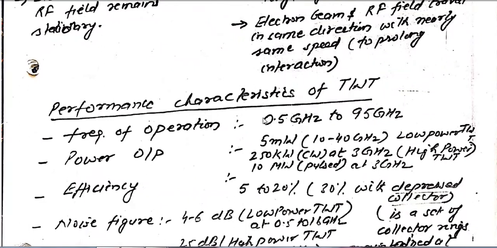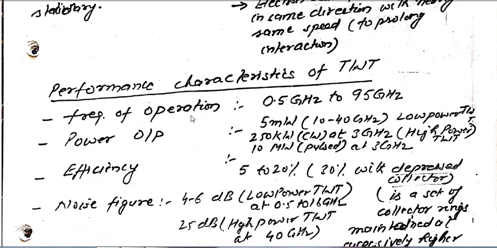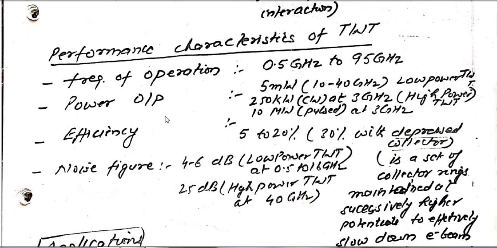Now, before going into the details of its operation and construction, let us see how this TWT is going to perform. The performance characteristics of a TWT are mentioned here. Frequency of operation is about 0.5 GHz to 95 GHz.